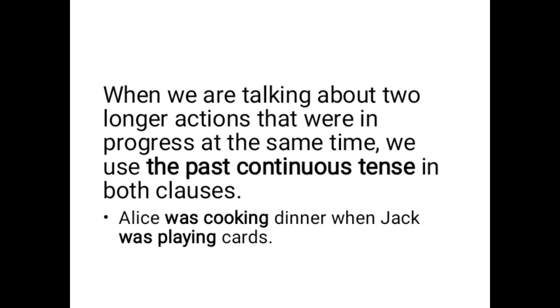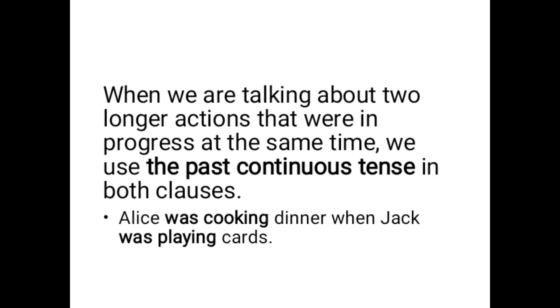Putting these two independent clauses together, we use when to join them. Alice was cooking dinner when Jack was playing cards. These progressive actions were happening concurrently, at the same time.